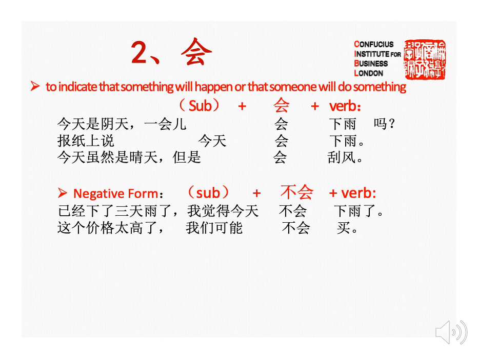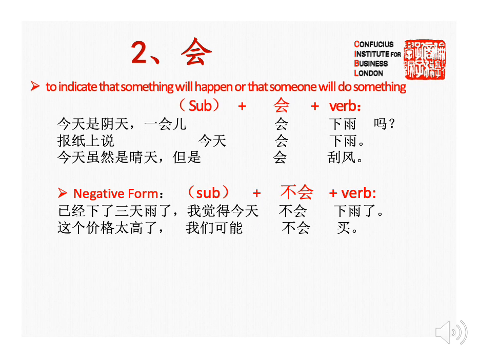Okay, 会 here, 会 is also a very simple character but has many different use. But here, it means it is used to indicate that something will happen or that someone will do something. The structure can be subject and 会 and verb.